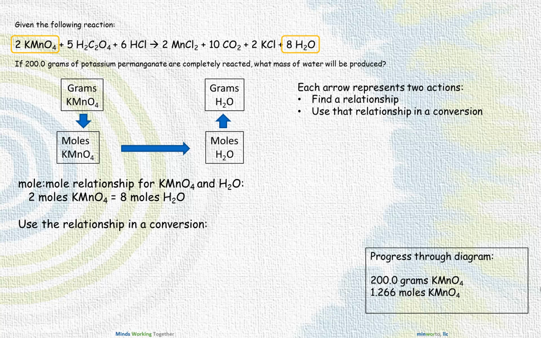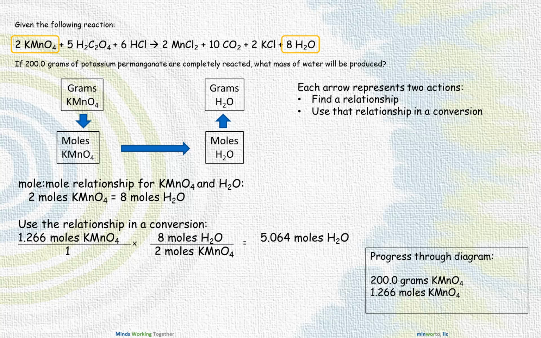The last step we calculated that we had 1.266 moles of potassium permanganate. We multiply that times our relationship, putting our moles of potassium permanganate on the bottom of that fraction so they will cancel and leave us with moles of water. We find out that we have 5.064 moles of water.